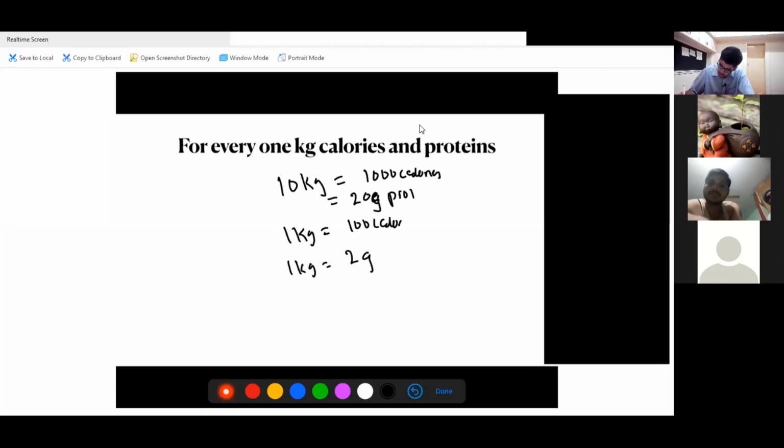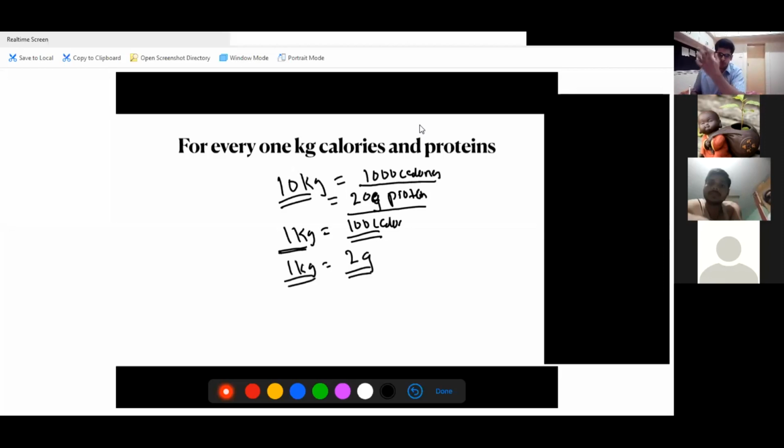So what is the meaning of this? With the help of the chart, you come to know that this child who's 10 kilo is having 1000 calories daily and 20 gram protein. That is why his weight is 10 kilo. For every 1 kilo it is 100 calories, and for every 1 kilo it is 2 gram protein.